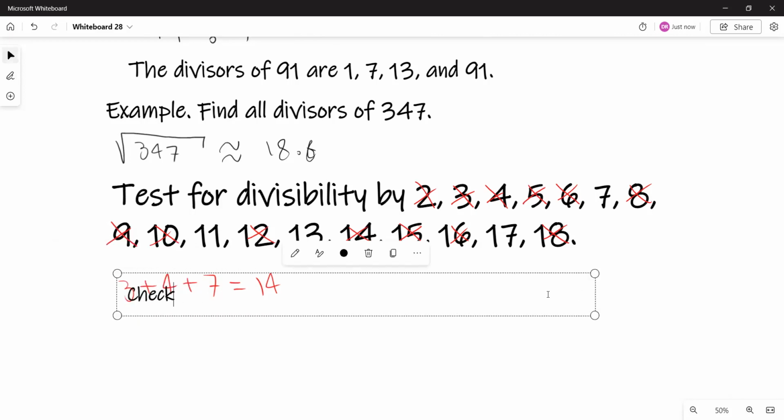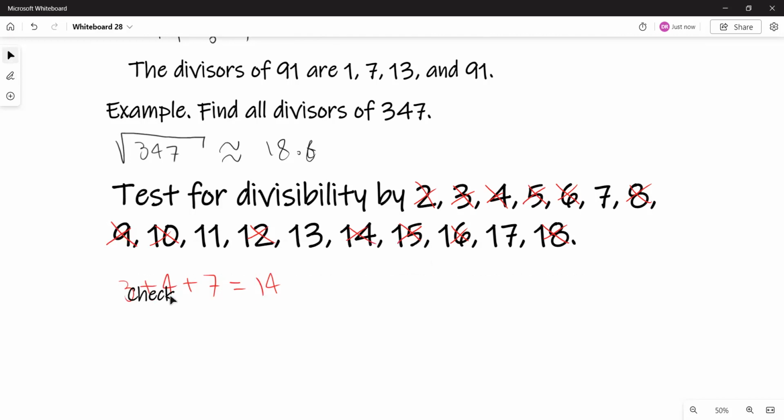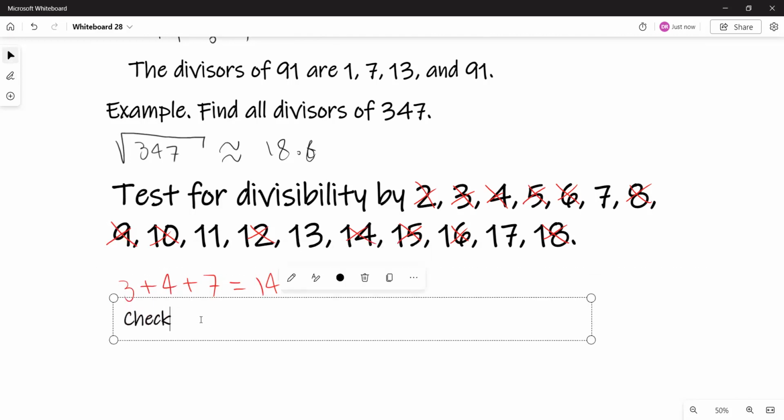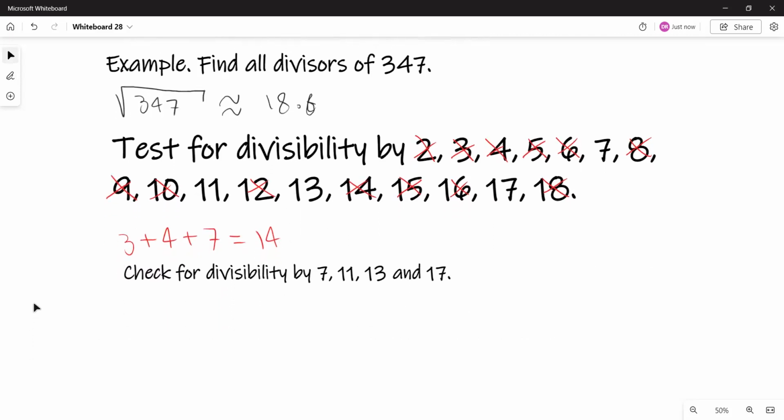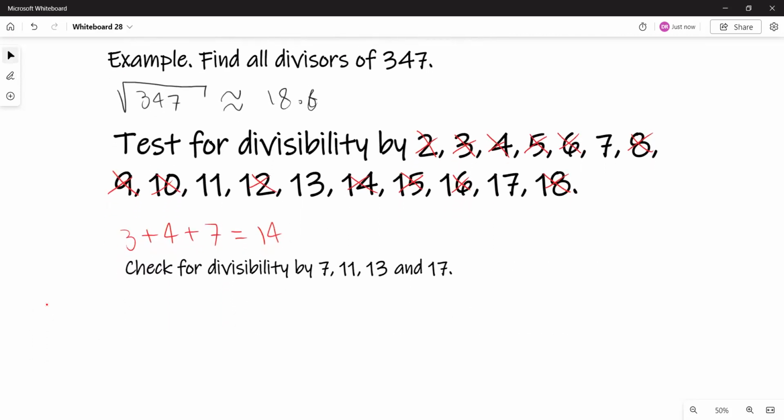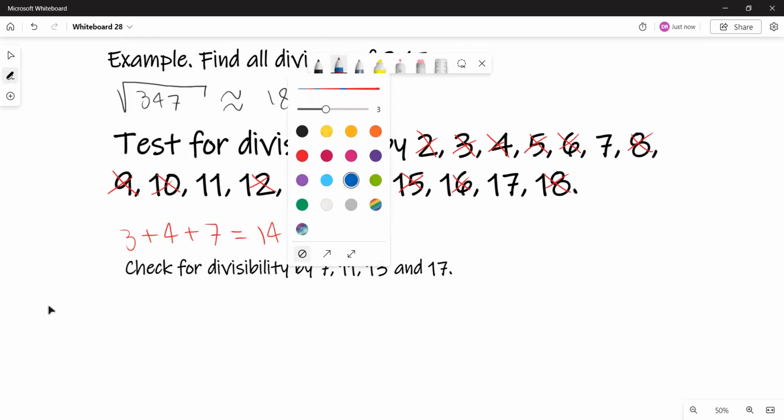Okay, so check for divisibility by 7, 11, 13, and 17. I'm going to do those on the calculator.